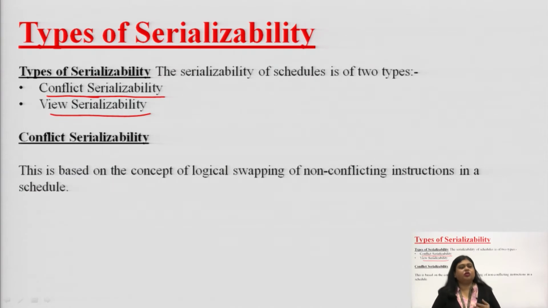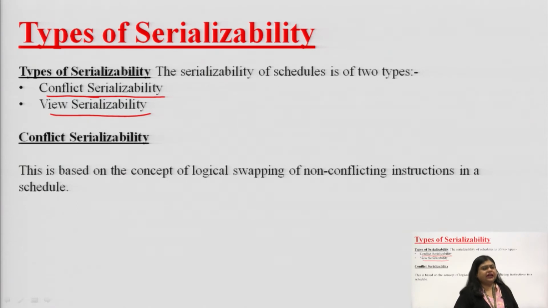Now, what is conflict serializability? Conflict serializability is based on the concept of logically swapping non-conflicting instructions in a schedule. Whenever we have a concurrent schedule, we can swap the non-conflicting instructions, and by swapping them, we are able to get a serial or serial equivalent schedule.